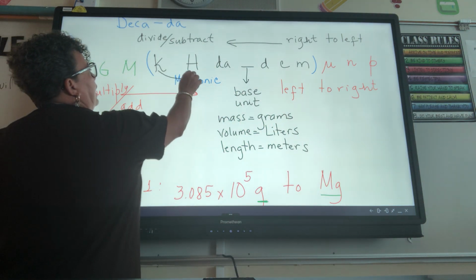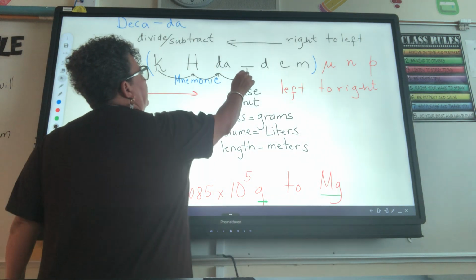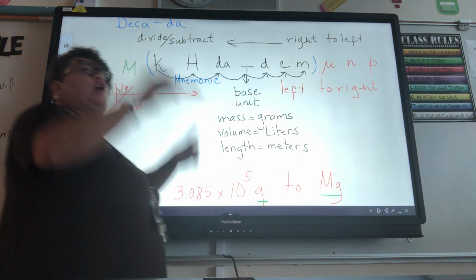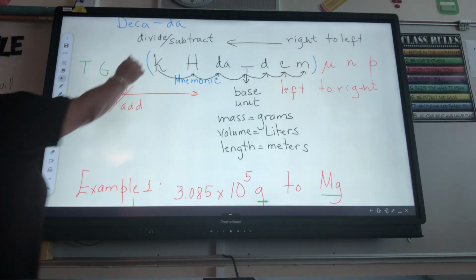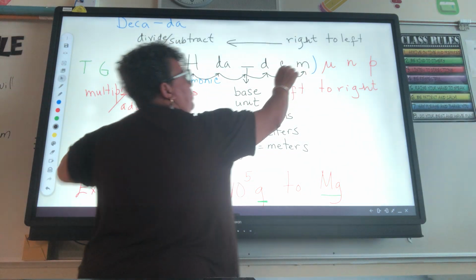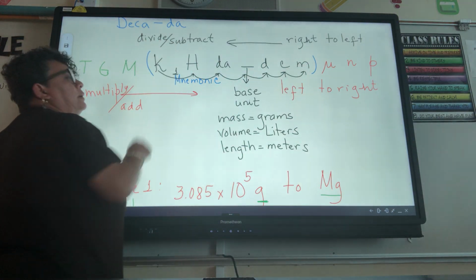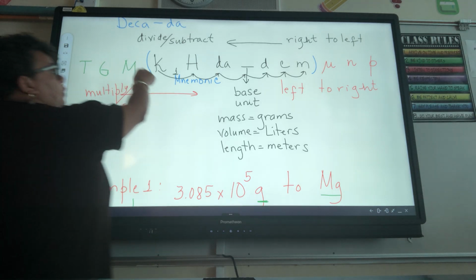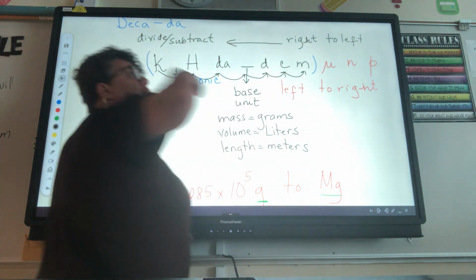Kilo, hecta, deca, base unit, deci, centi, milli. When you are counting between that mnemonic, see the parentheses, you're counting by 1. Because each unit of measurement is going to be 10 times bigger or smaller than the previous one, okay? From kilo all the way through milli, you are counting by 1.